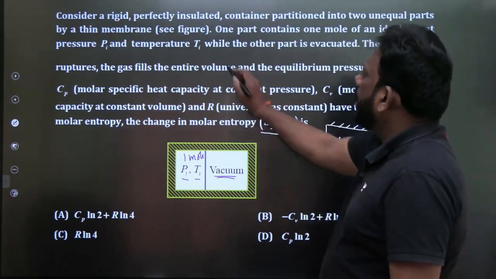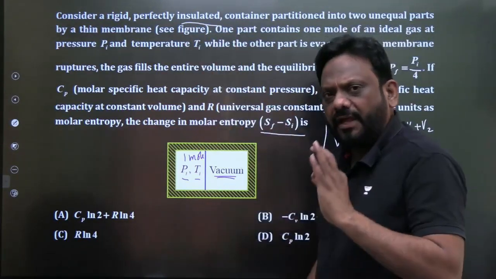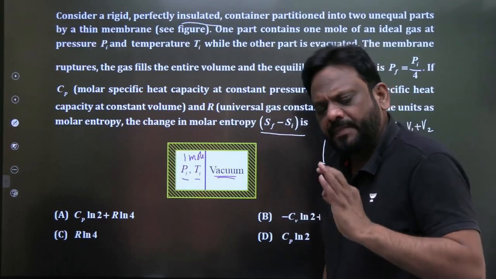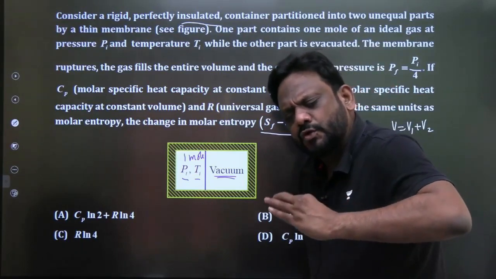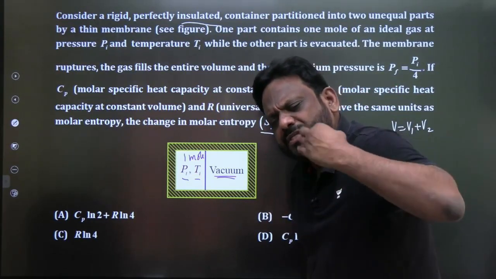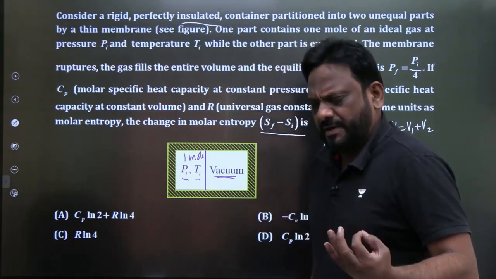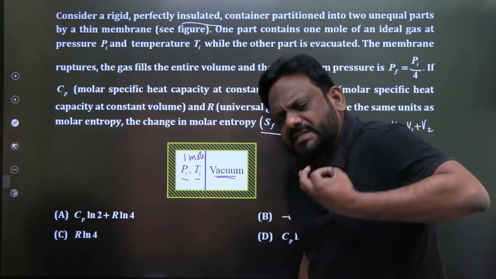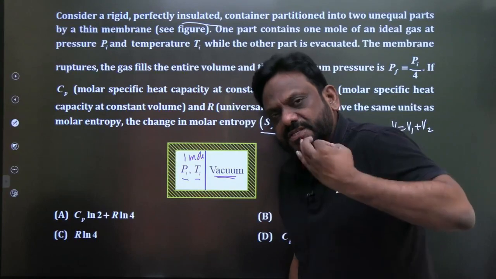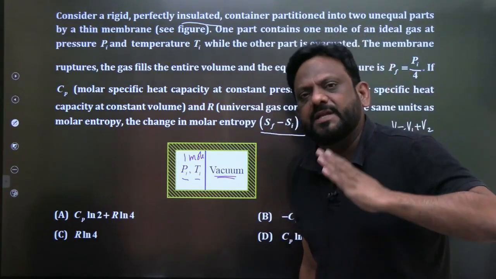Look, it is already insulated. Whenever the system is insulated, there is no transfer of energy to the surroundings in the form of heat. So in an adiabatic system, the surroundings' entropy change is 0. I had explained this in my earlier classes.